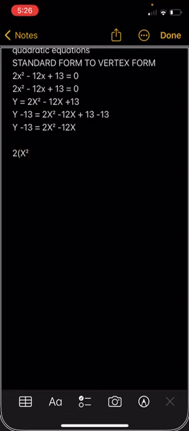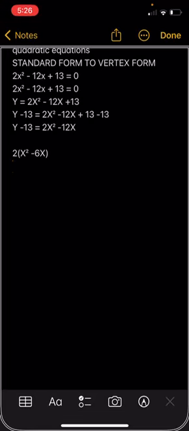And then 2 into negative 12x will leave us with negative 6x. Good. So that is how we have to write the right-hand side of this equation here as a binomial.